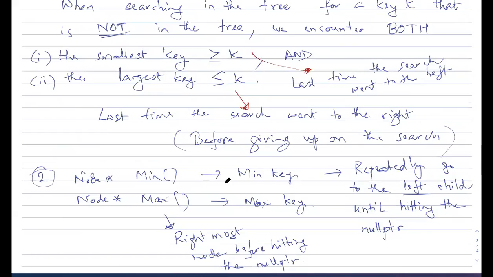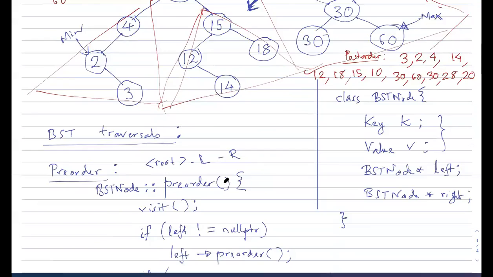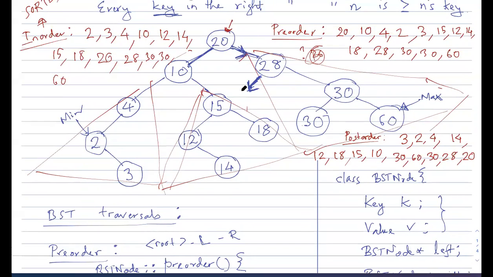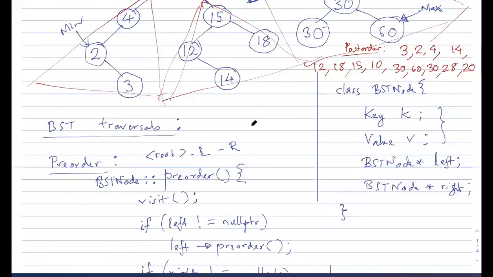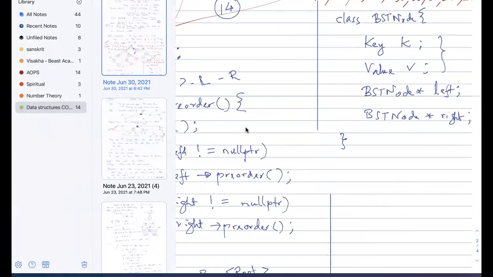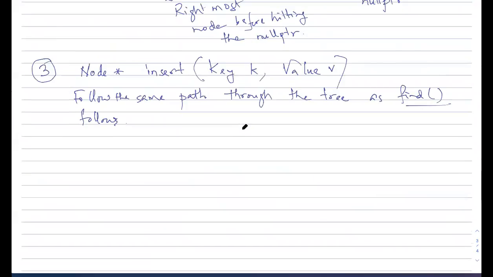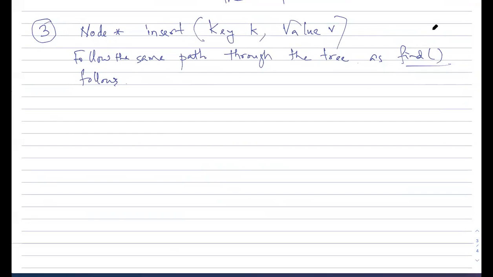Because in order to find the right position to insert, you have to keep looking for what you are trying to insert till you hit a null pointer. Here, when we talk about find, we are talking about the exact find. This is an exact match you are looking for.